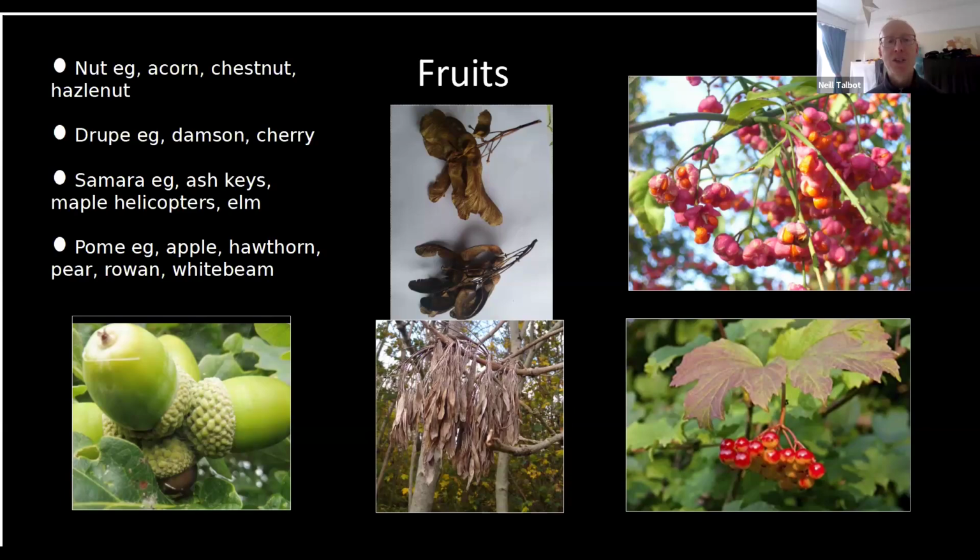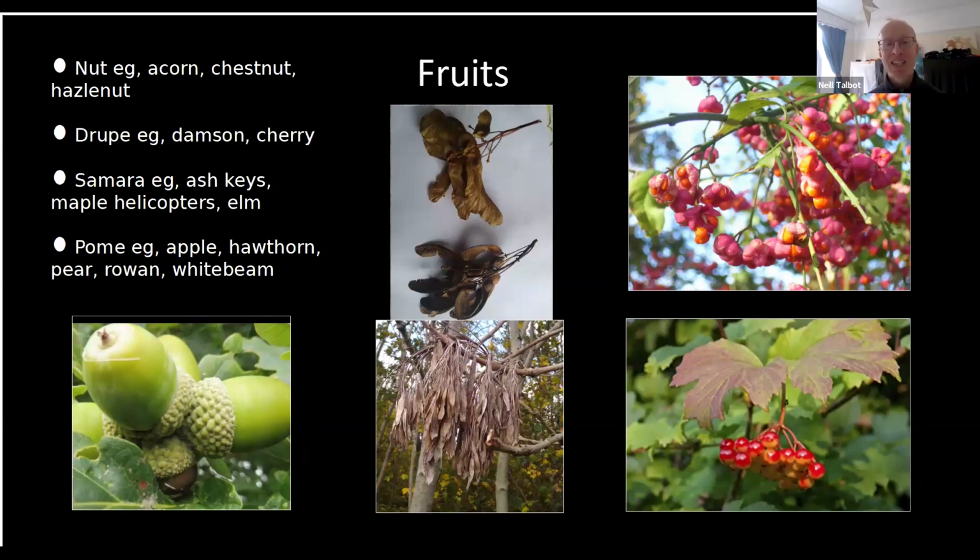And then you've got drupe, which is a fruit with a single stone or seed and a hard shell, and a fleshy middle. So things like cherries, damsons, and so on. Then you've got samaras or samara, I'm not sure the best way to say that.